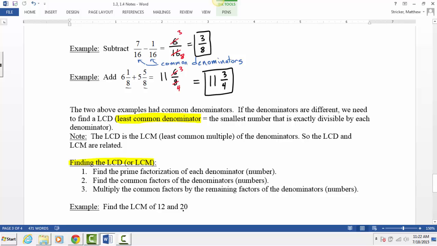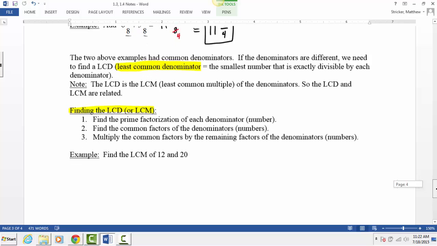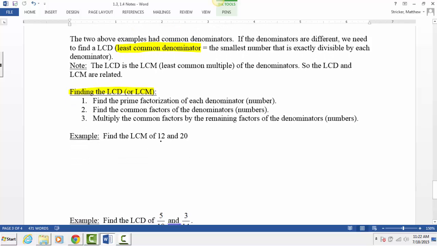When you're trying to find the least common denominator, you're looking for the smallest number that they both divide into, which may or may not be hard if you're talking about numbers like 12 and 20.